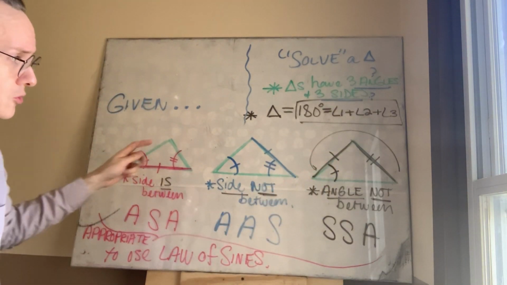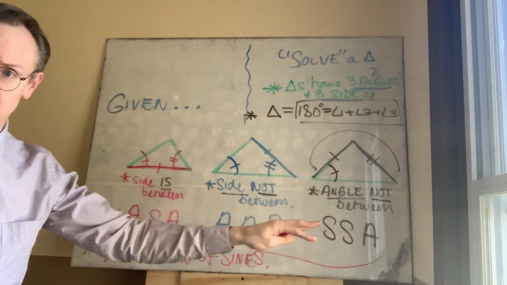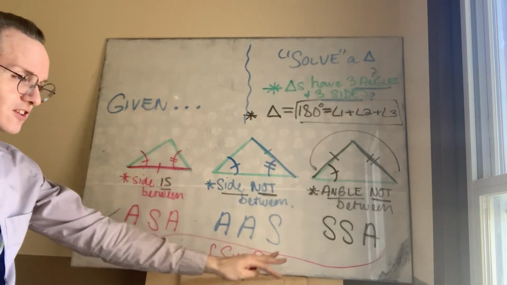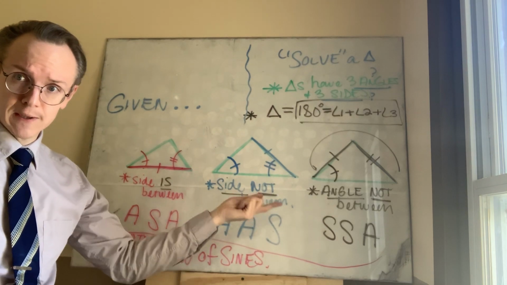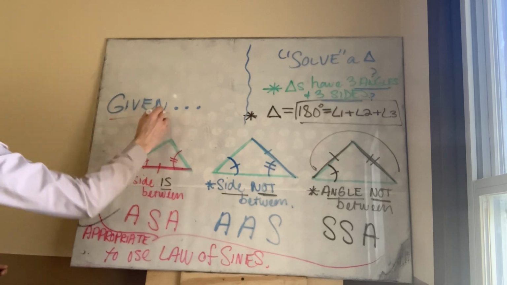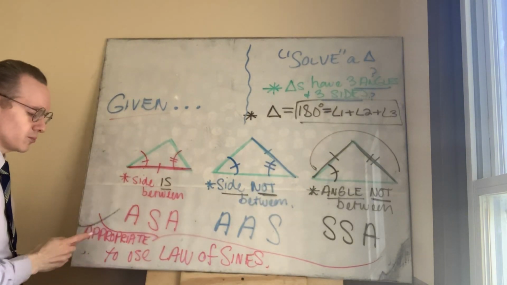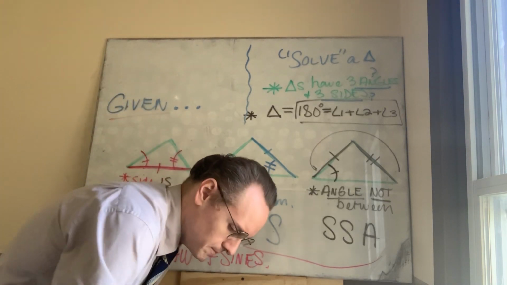Anyhow, there'll be 2 more triangles to add to the diagram when the time comes. We're just out to master these 3, and these are the only types of questions that you'd be given potentially in my open math. All right, just remember, if you're given this, or this situation, it is appropriate to use the law of sines. Okay.